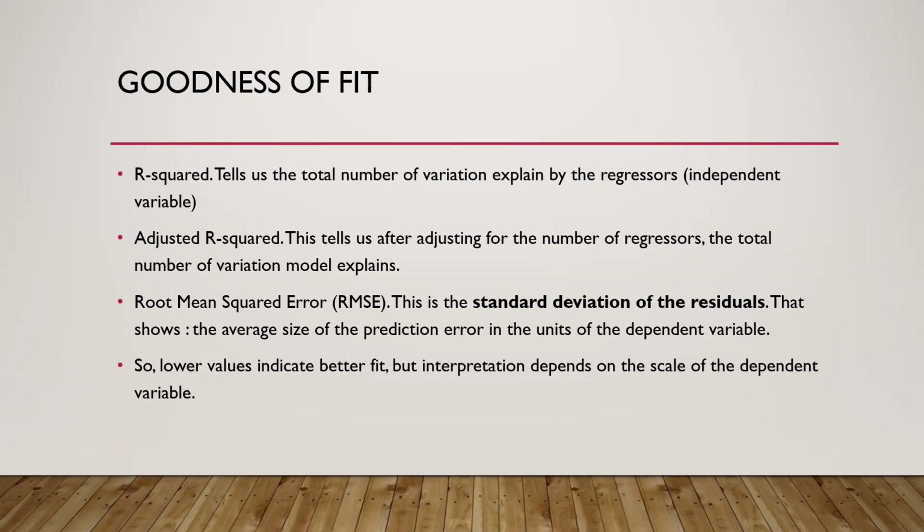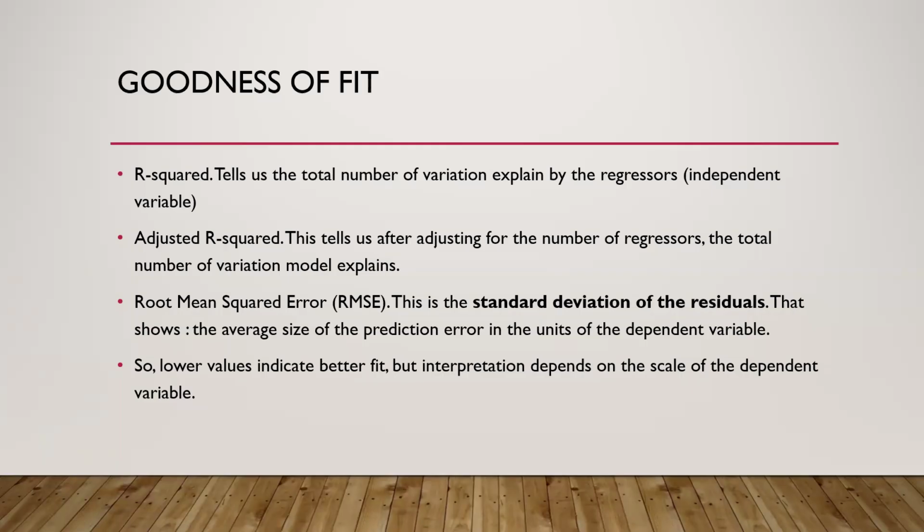Like when we forecast, we run an analysis, we get a result of how the regressors are predicting the dependent variable. So the RMSE tells us exactly the average size of the prediction error in the unit of the dependent variable.